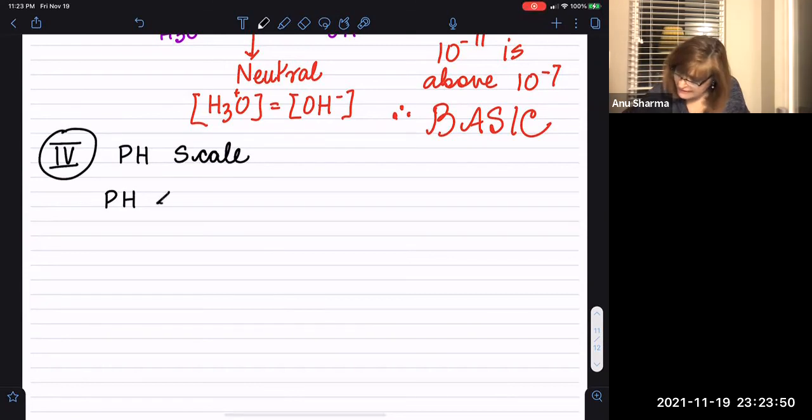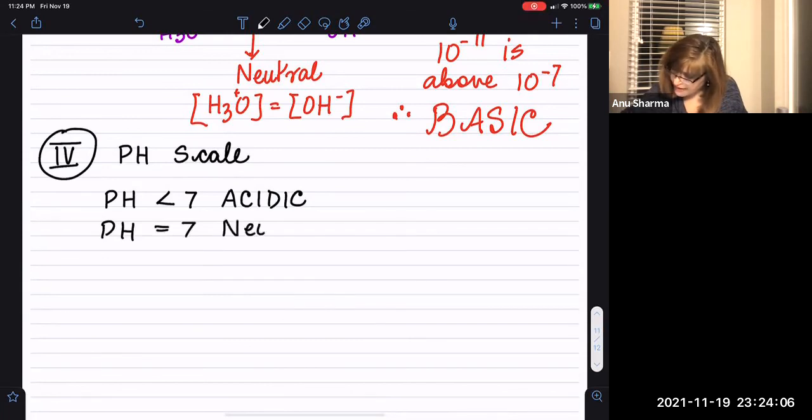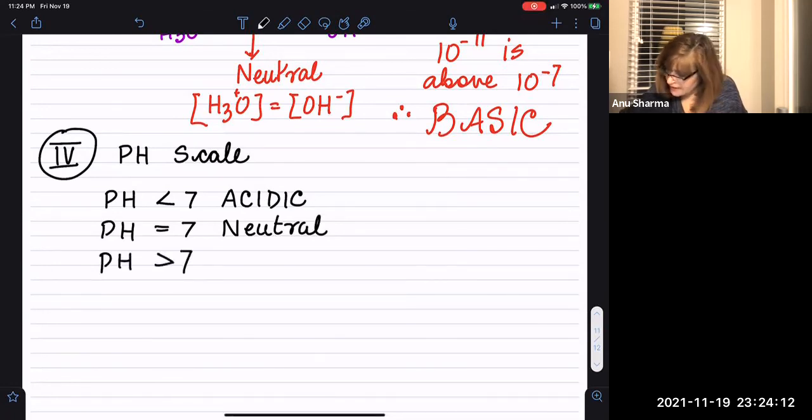When pH is less than 7, the solution is acidic. If the pH is equal to 7, then the solution is neutral. But if the pH is more than 7, then the solution is basic.